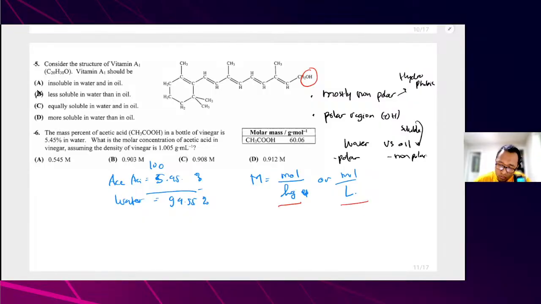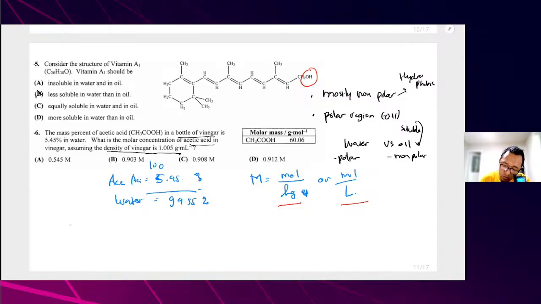So now the question is, what is the molar concentration of acetic acid in vinegar, assuming the density is 1.005? What we want to know here is the density of vinegar, and the mass percentage in the bottle of vinegar.